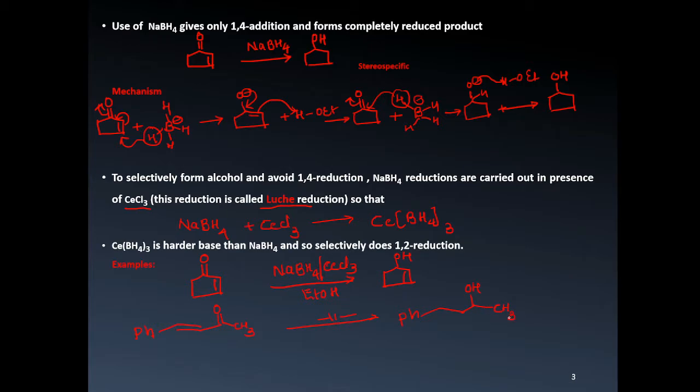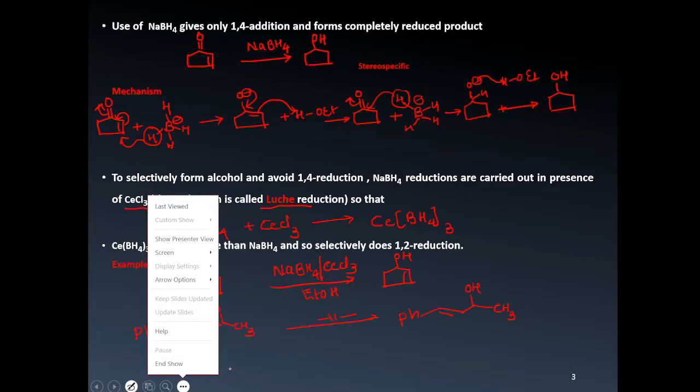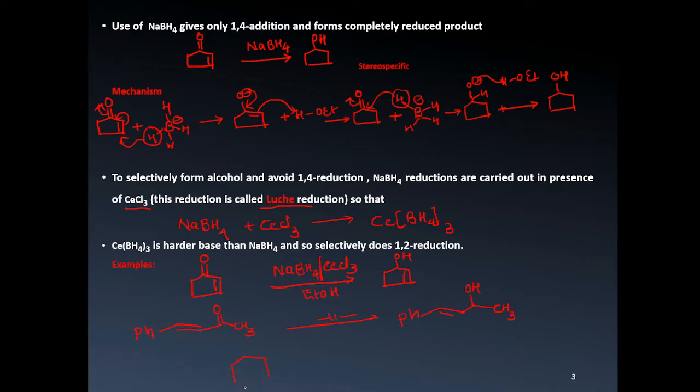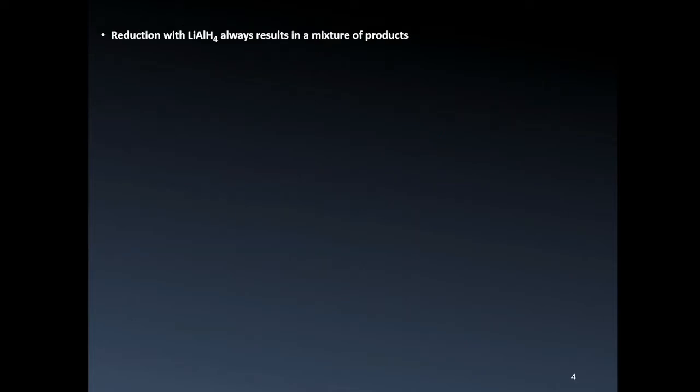The CH3. The next example, here also it reduces the 1,2 positions. So in presence of sodium borohydride and cerium chloride, it selectively does 1,2 reductions.